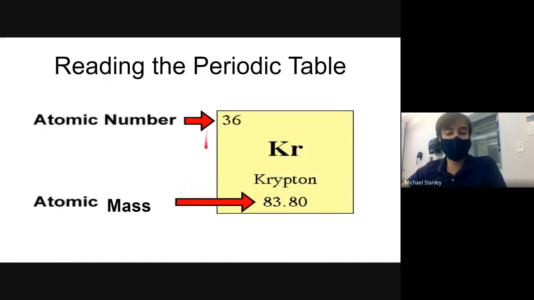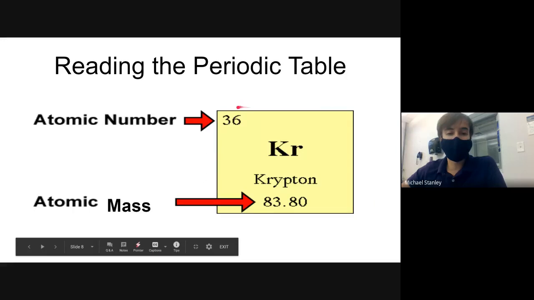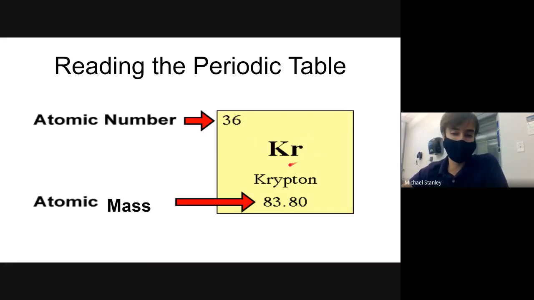So here is a normal periodic table box for an atom. In this case, it is specifically referring to the atom krypton. So there are 4 things that we can see on this box, right? There's 4 different pieces of information. We have the name of the atom fully written out, right? In this case, this is the atom krypton.